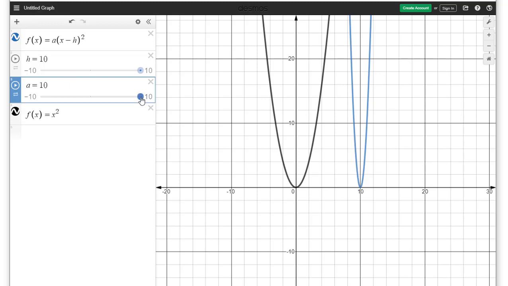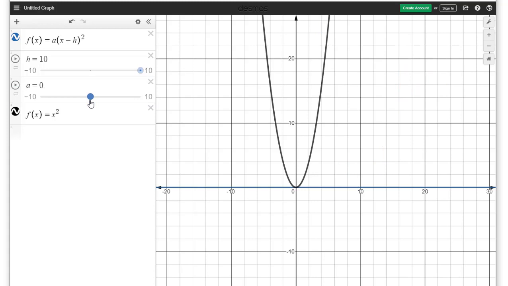Now when we scale this, we can see how the parabola would change value or height based on a. If a is positive, the function will open upwards. If a is 0, the function is a horizontal line along the x-axis. And if a is negative, the parabola opens downwards.